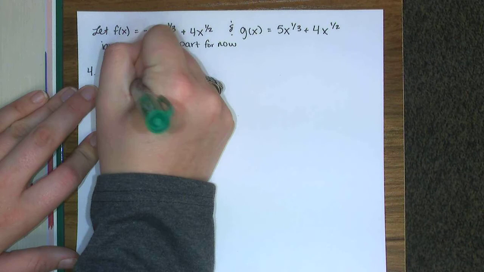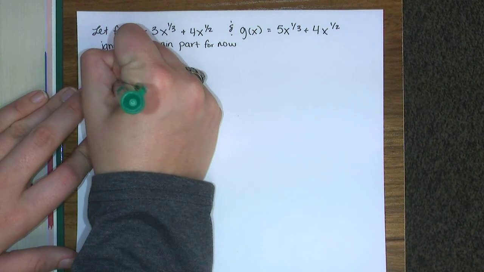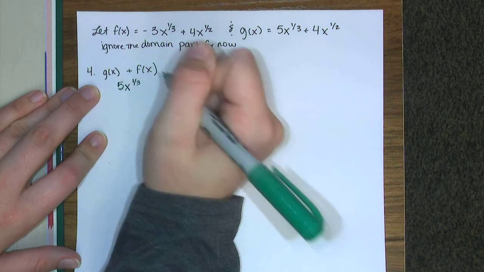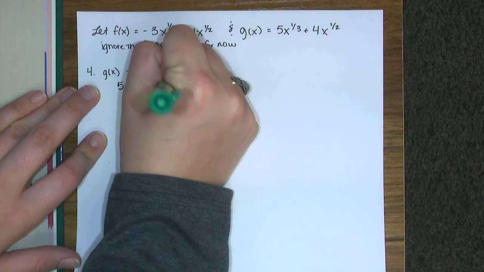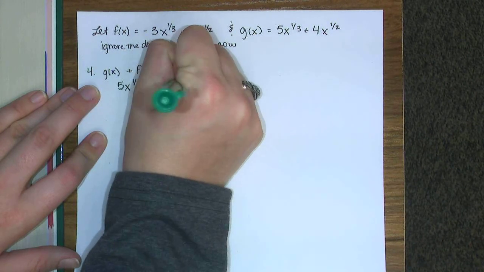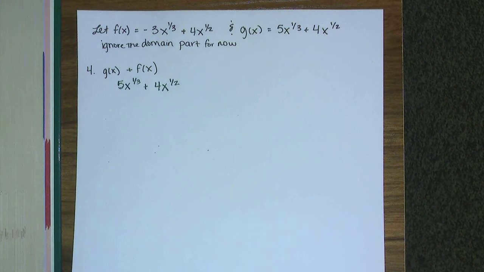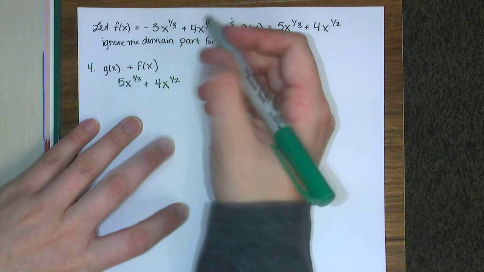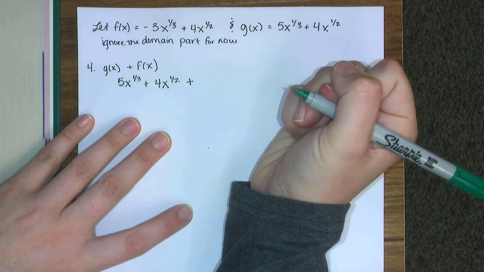Then I'm adding on the f of x part, and since it's plus, I can just copy things down. Notice this is -3 here, so I need to make note of that: -3x to the 1/3 plus 4x to the 1/2.